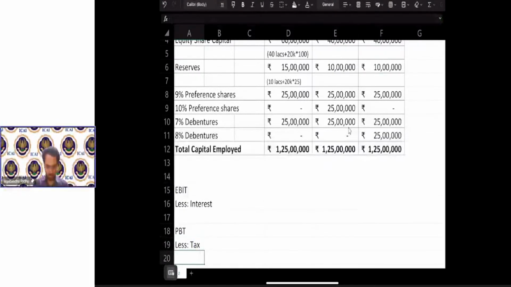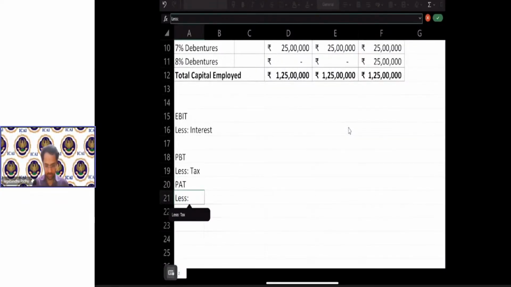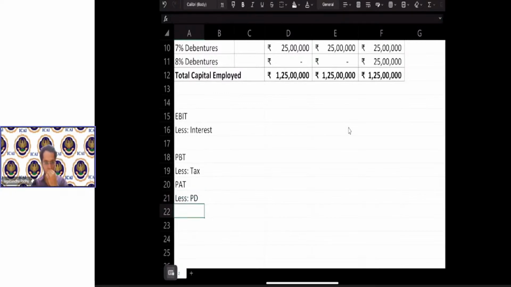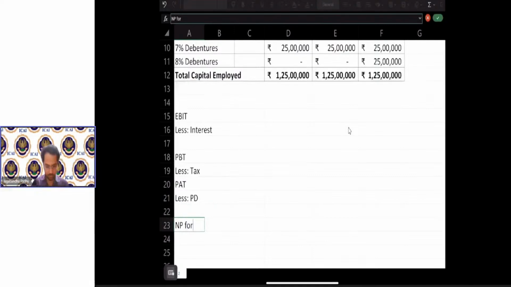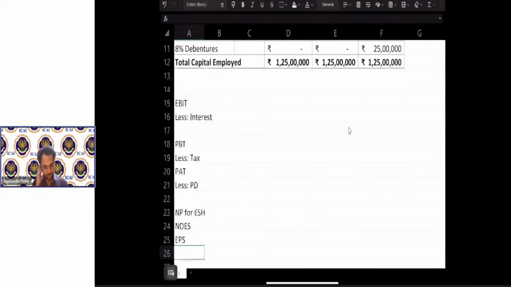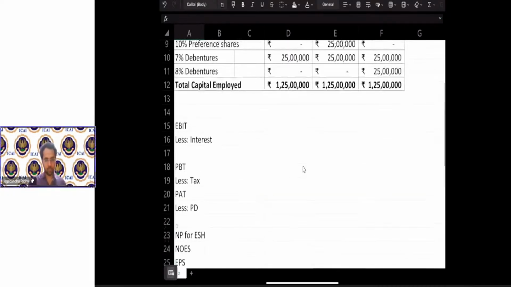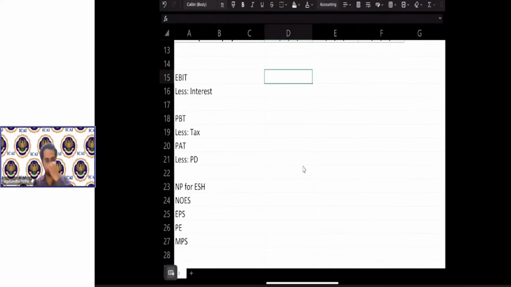Then you get the profit after tax, less preference dividend. Again, in case of preference dividend, you have two sorts of preference dividends, and then finally you have the net profit for equity shareholders, which you are going to divide by the number of equity shares to get the EPS. And then from EPS, you are going to multiply it further by the PE ratio to get the market price per share. Okay, so we begin with EBIT.